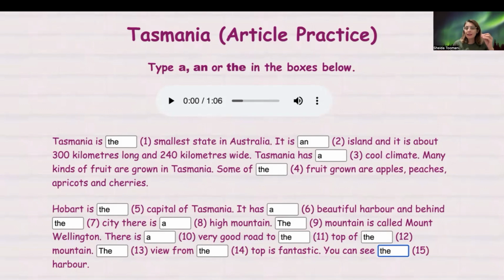We put a, if it starts with a vowel, we put an. And if it is known by belonging to something else, something of something, or something from something, or by a superlative adjective, est adjective, we put the in front of it. And if it is mentioned for the second time or more, it needs the. It is familiar, it is known.